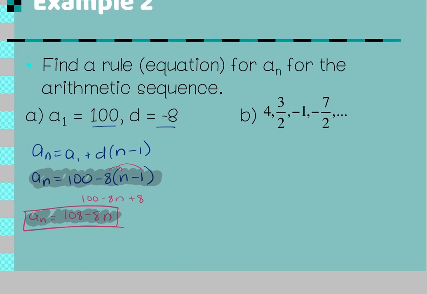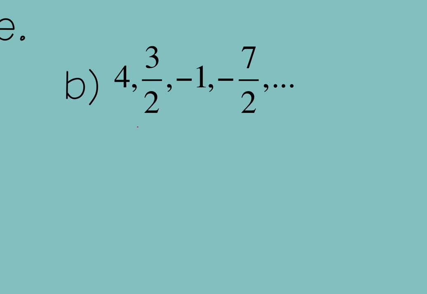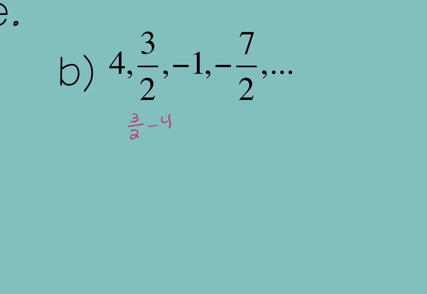All right, go to B. This time I've got a series of numbers, right? I don't have D yet. How do I find D? Find the difference. So I could do 3 halves minus 4. 3 halves minus 8 halves, which is negative 5 halves.